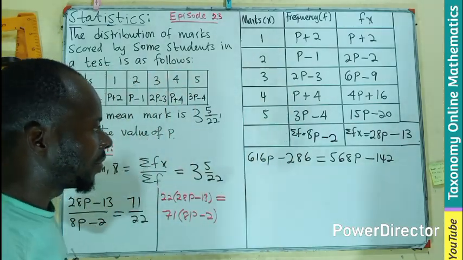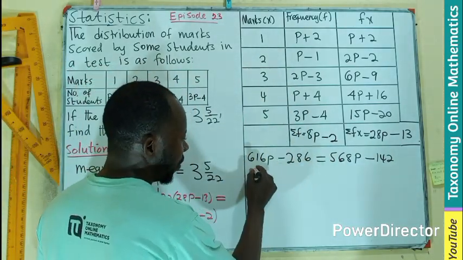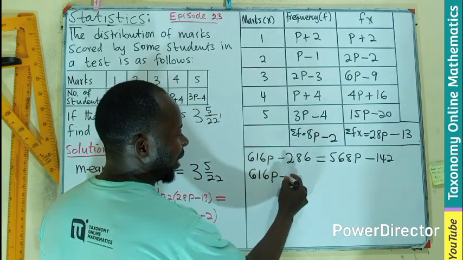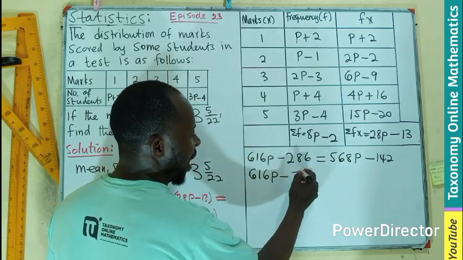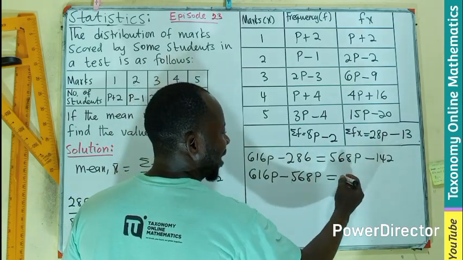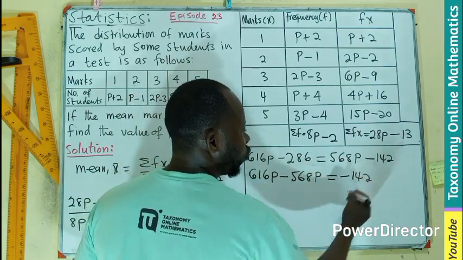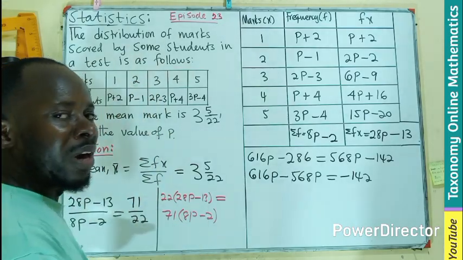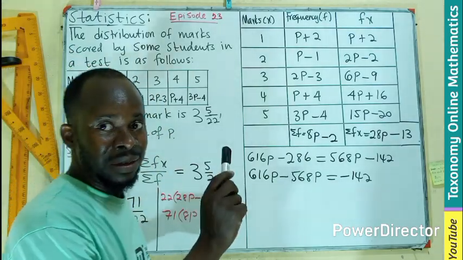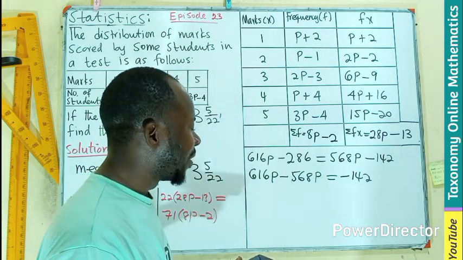We can group like terms. This is bigger than this, so 616p. We bring in this as minus 568p equals to maintain this as negative 142. Sometimes as we are transferring, we think that will also be positive, but it will be negative as it is negative, then you remain it the same.